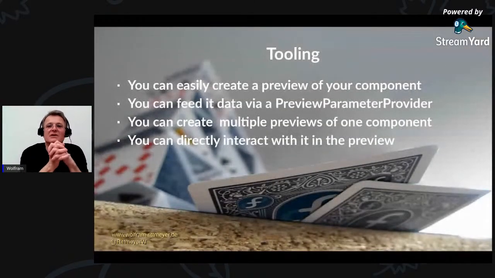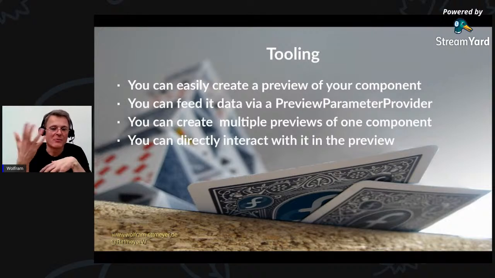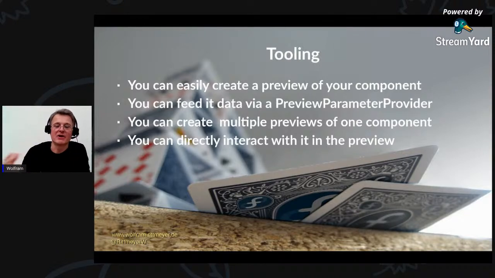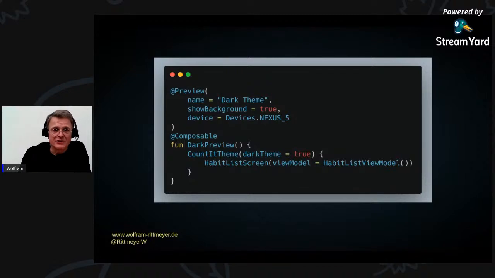So the tooling that we have is obviously Android Studio, and Android Studio provides us with some ways to create previews of our composables. You see an example here. So at the top, you just give it a name, which is then displayed.